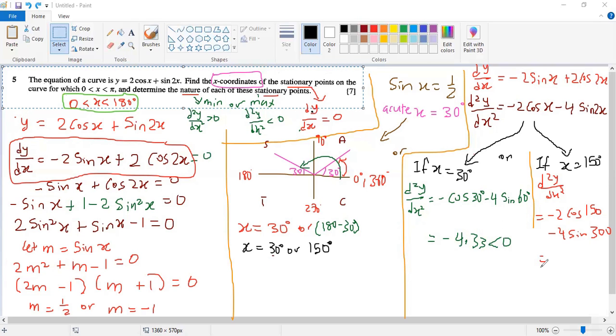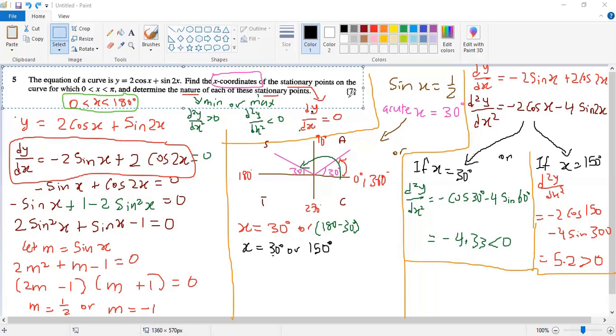So the second differential would be negative 2 cos of 150 minus 4 sin of 300. It becomes, let's say, 5.2, and this is positive. So this is negative and that part is positive, the second differential.